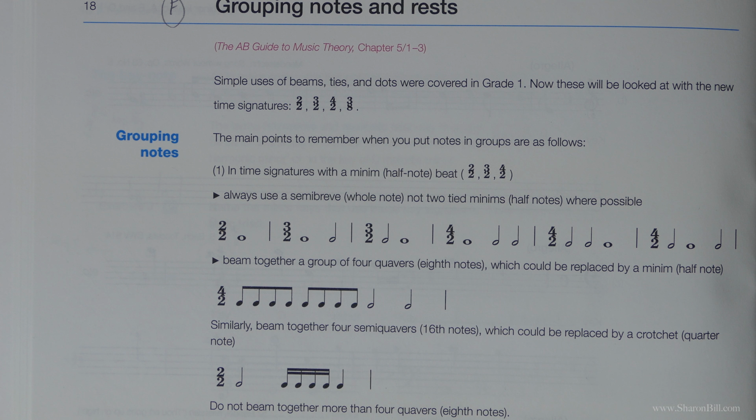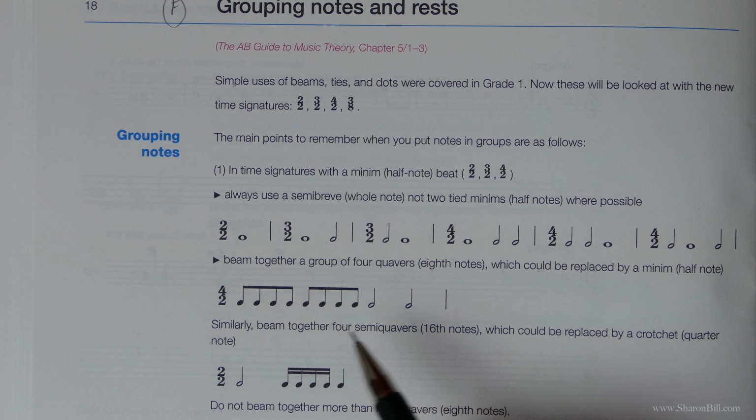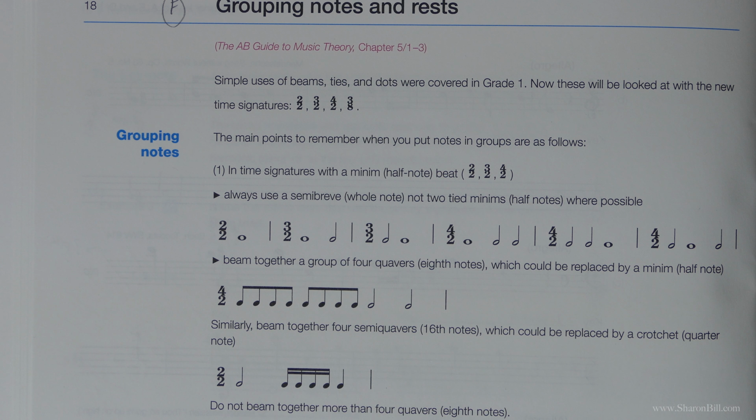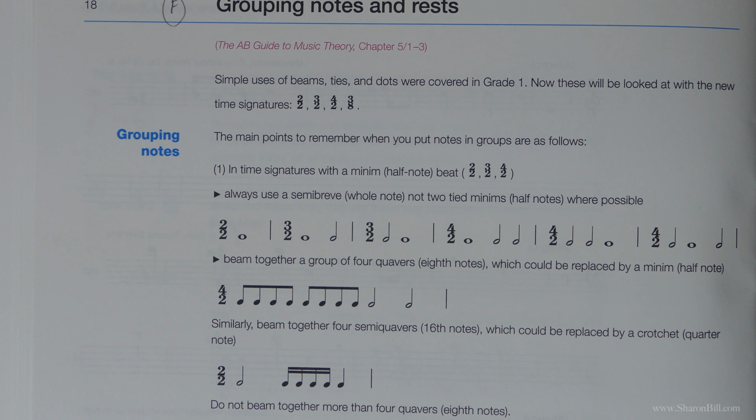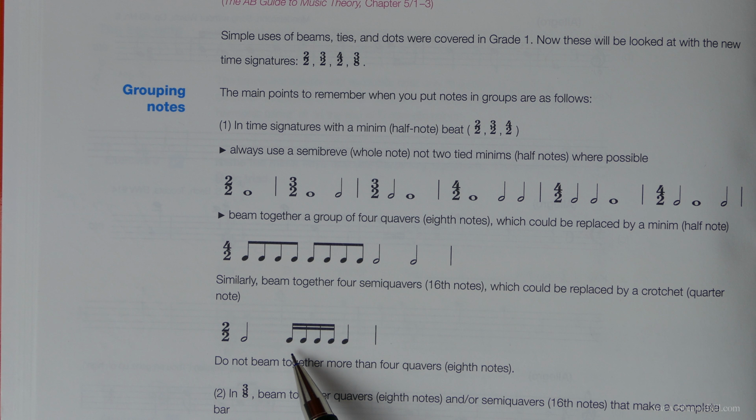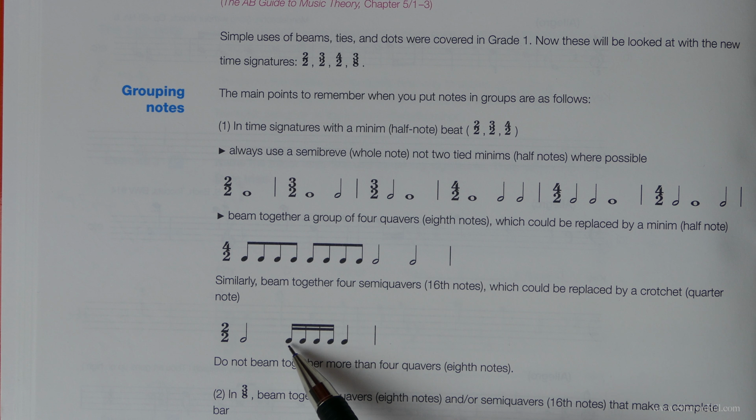Now we're learning more about grouping notes and rests simply because we've got so many new time signatures to reapply the information to.